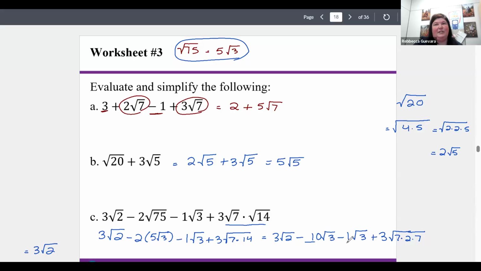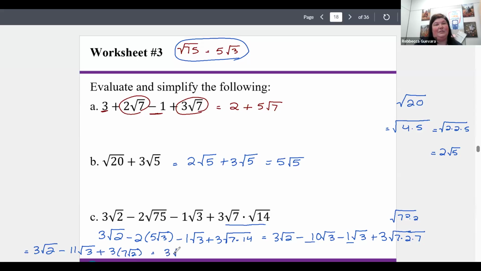This is a like term, and this is a like term. So negative 10 square root of 3 minus 1 square root of 3, it's just minus 11 square root of 3 plus 3 times. Now here we have a 7 times a 7, right? So this is just the square root of 7 squared times 2. So that radical that we have, the square root of 7 times 2 times 7, can be rewritten as just 7 square root of 2.